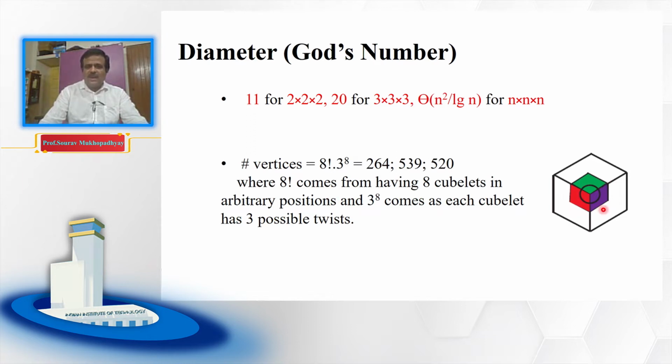And for each cubelet we have 3 possible twists, either this way or this way or this way, and there are 8 of them. That's why it is 3 to the power 8. So, it is 8 factorial into 3 to the power 8. This number is huge. This many states are there in just the 2 by 2 by 2 Rubik's cube.